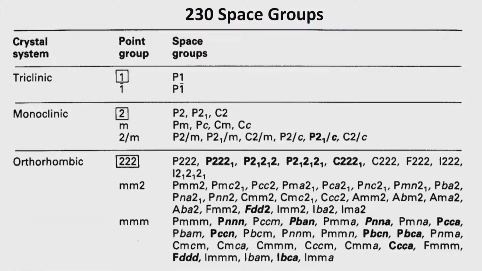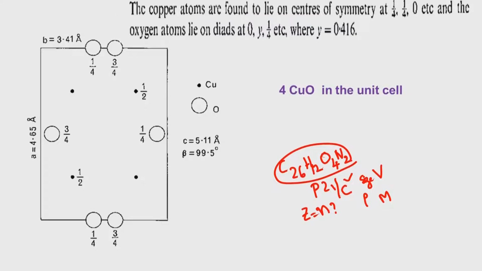So, having calculated the value of n, I would like to see whether I can determine the structure. See the complexity which is associated with the structure. So far what we saw was copper and oxygen, right, and we also found that by density calculations there are 4 molecules in the unit cell.